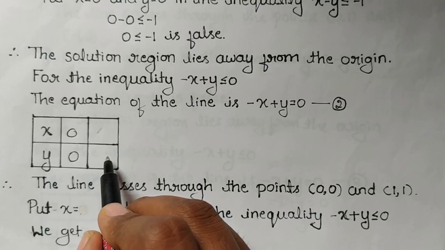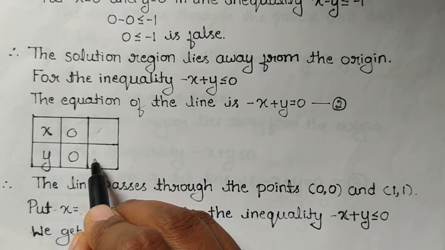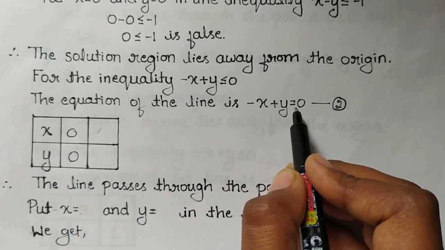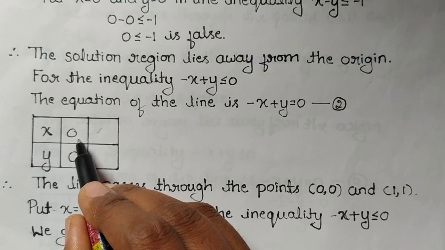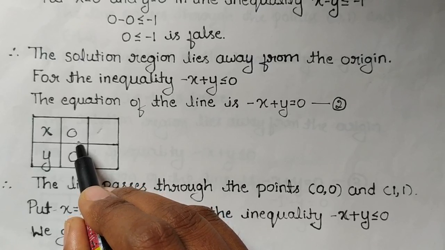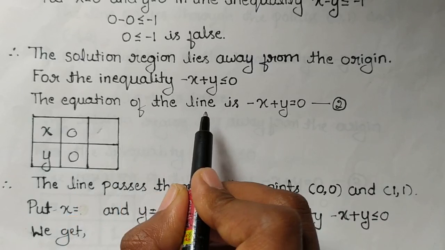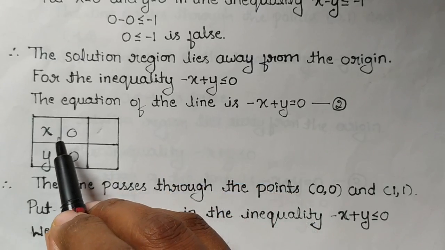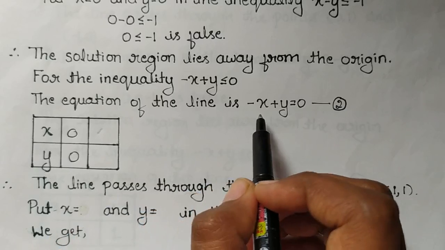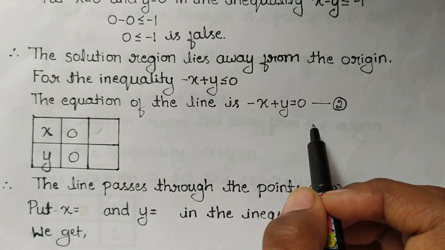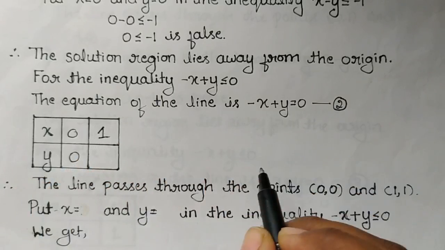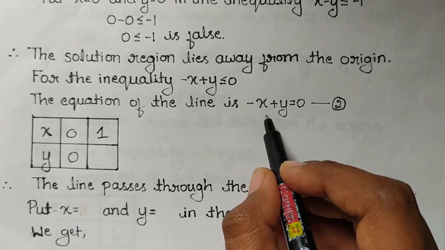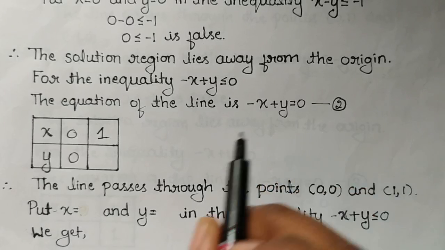Then to find another point, I cannot substitute y as 0 in this equation, because for y is equal to 0, already we have the value of x as 0. Then to find another point on this line, substitute any other value for either x or y in this equation. I'll substitute x as 1 in this equation. Then we get minus 1 plus y is equal to 0.